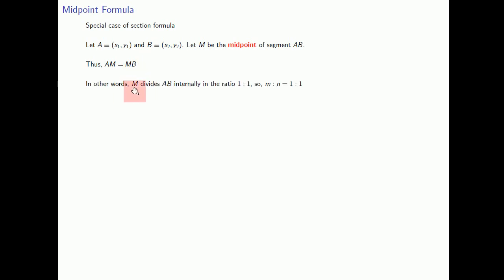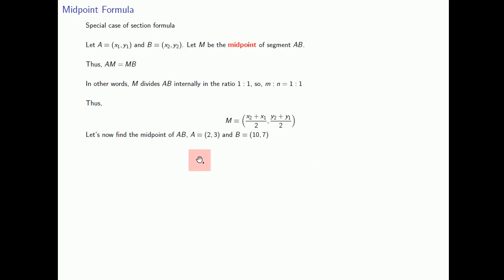In other words, M divides AB internally in the ratio 1:1. So both m and n are equal to 1. So if m and n are equal to 1, m x2 will be x2, n x1 will be x1, and m plus n will be 1 plus 1, 2. Similarly, the y coordinate will be m y2, which is y2, plus n y1, which is y1, upon m plus n, which is 2.